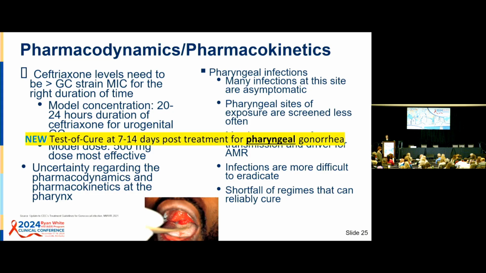Personally, I go on the more of the 14-day time frame because if you test at 7 days, you have a risk for having a false positive NAT test because the test is very, very sensitive. Up to maybe about 5% of cases will still be detecting dead organisms by a week. It goes down to around 1 to 2% by 14 days. So having that time frame for coming in and retesting is critical.